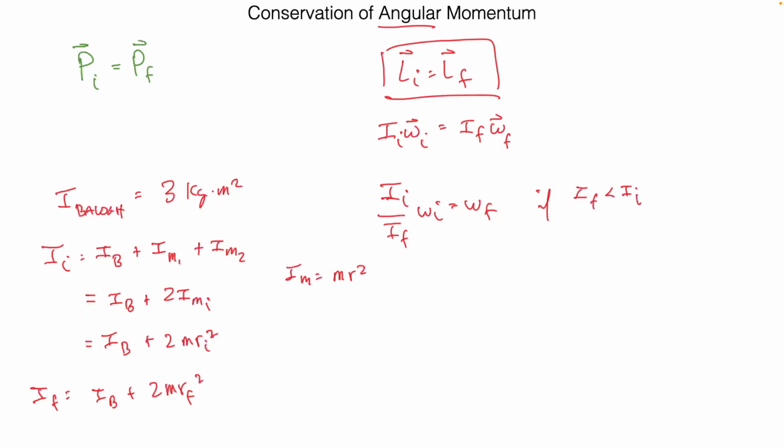So, putting this all together, we can calculate what these two things are. Moment of inertia initial is going to be 3 plus 2 times the mass, let's see, what did I use? Are they 3 kilogram masses? They must be 3 kilogram masses.